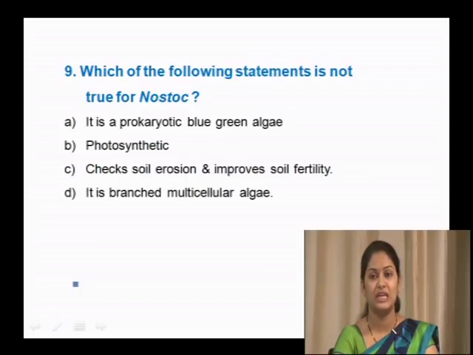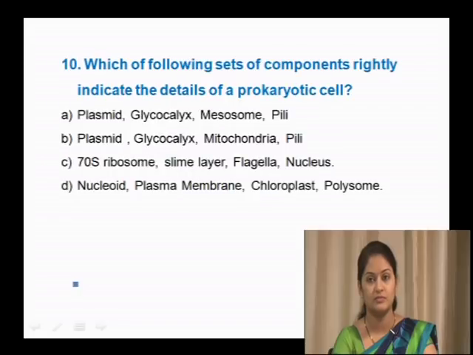The last option, D, is actually the right option. It is not the true property of Nostoc because Nostoc is unbranched and it is a unicellular algae which is colonial or lives in groups. Moving on to the next question.